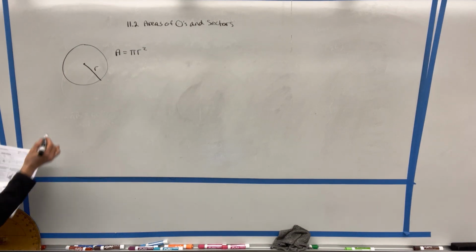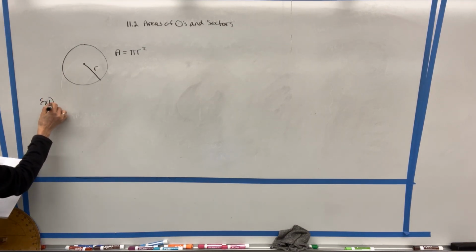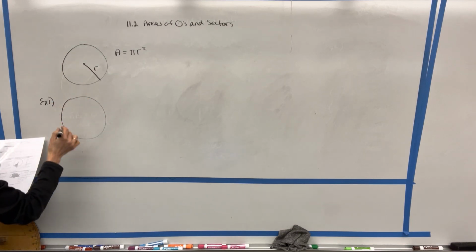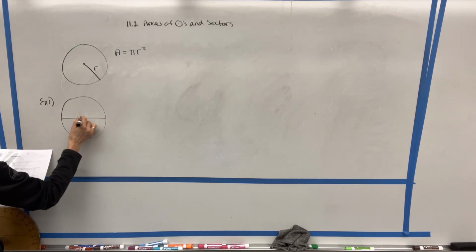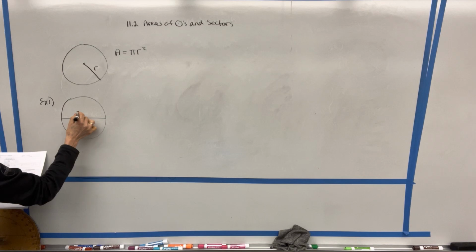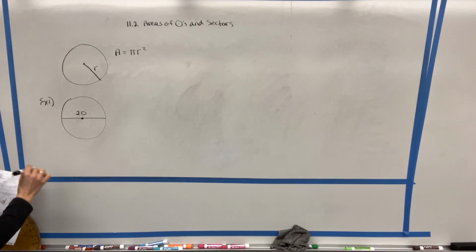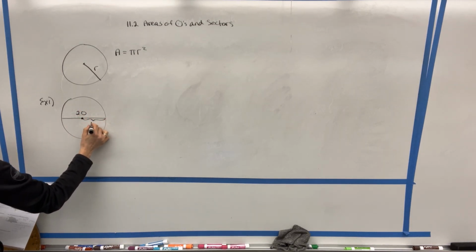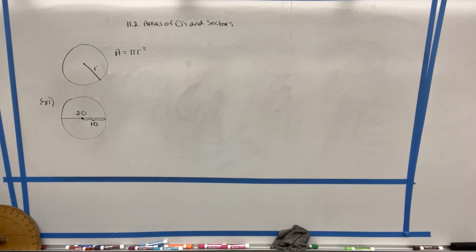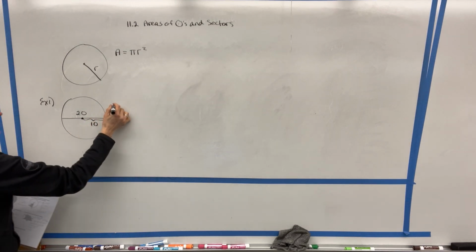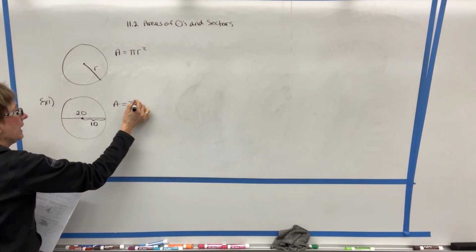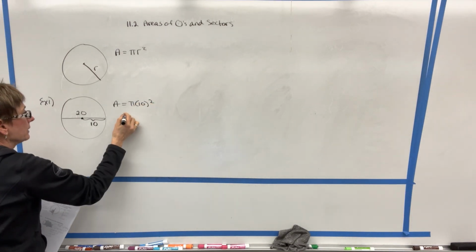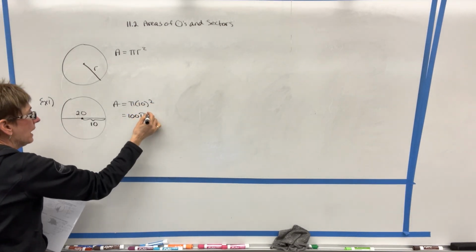So let's do an example here. Example number 1. If we have our circle, and the diameter is marked as 20, we want to make sure to notice that the radius would be half that amount, or 10. And then to find the area, we would take pi times 10 squared, which would be 100 pi.